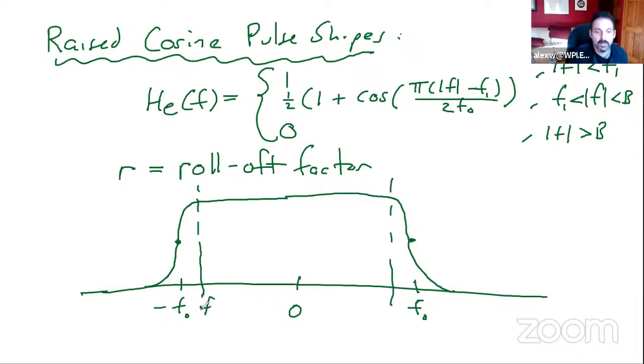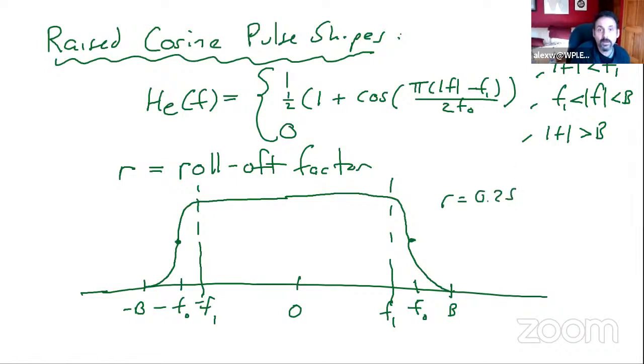That's, sorry, minus F1. That's F1, F0. And then what we've got, here's our absolute bandwidth, right? But let's say that's for a roll-off factor of 0.25.